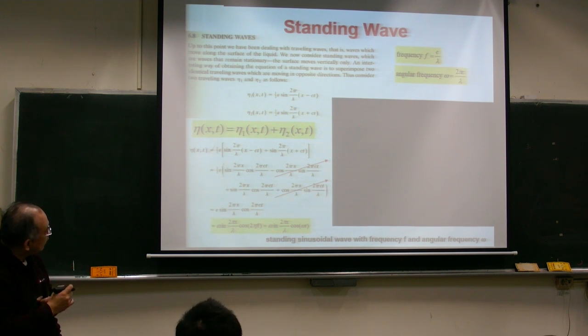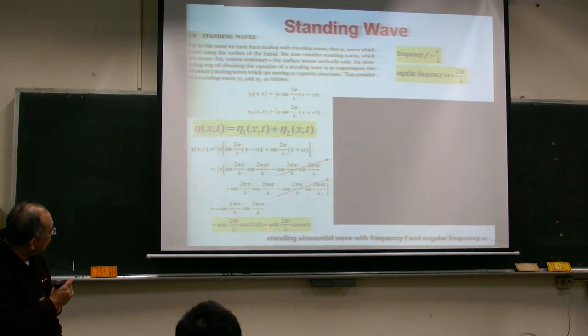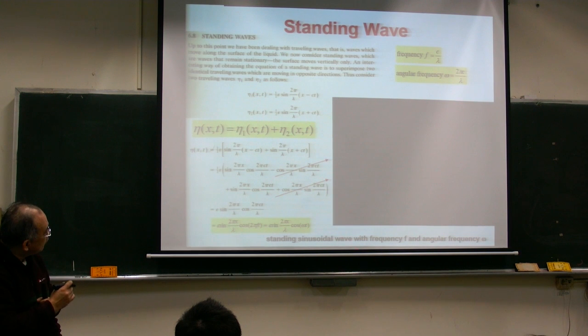The surface wave looks like this. As you can see, epsilon is our amplitude, and then sine of 2 pi x over lambda, times cosine omega t, or cosine 2 pi ft, where omega is equal to 2 pi f. At a certain x location, this is our amplitude, because the amplitude times this cosine function gives us a wave that changes with time.